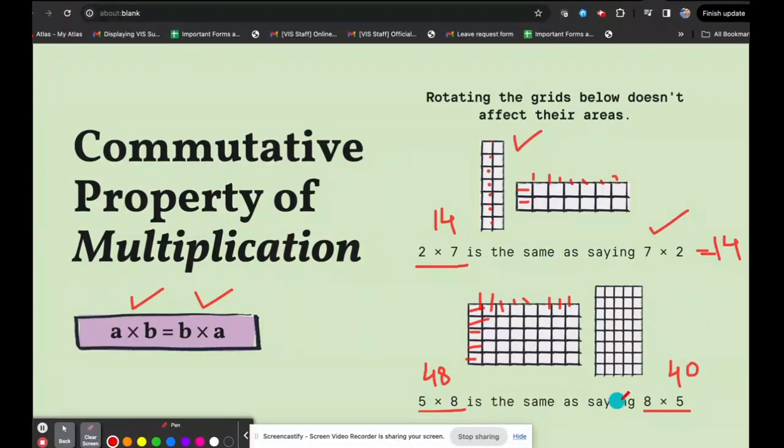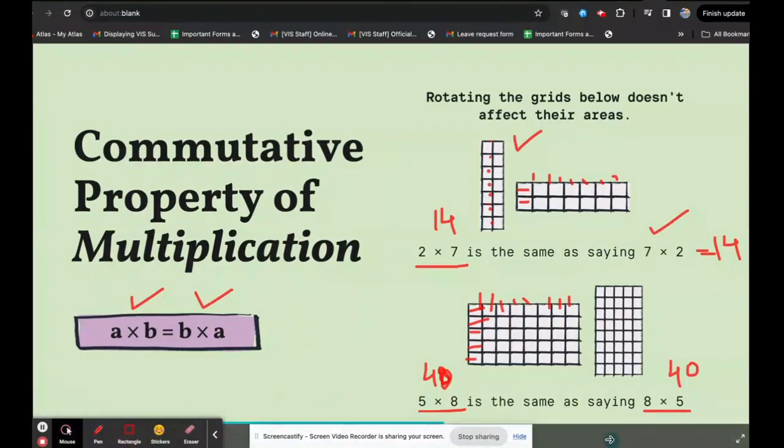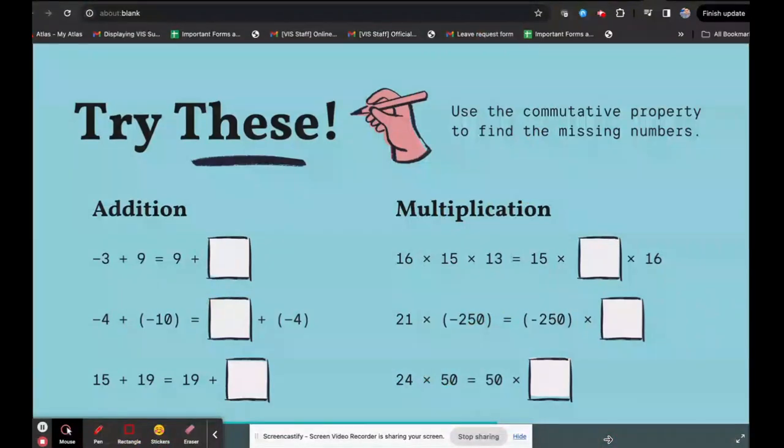It means that if we change the order of numbers in multiplication, the answer will remain the same. This is called the commutative property of multiplication. So this property applies in addition and multiplication. Let's move to the examples.